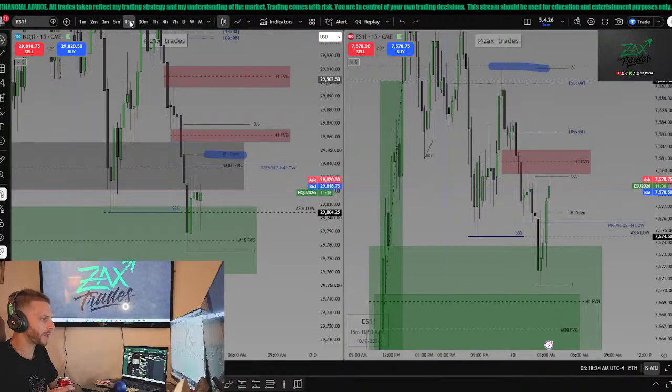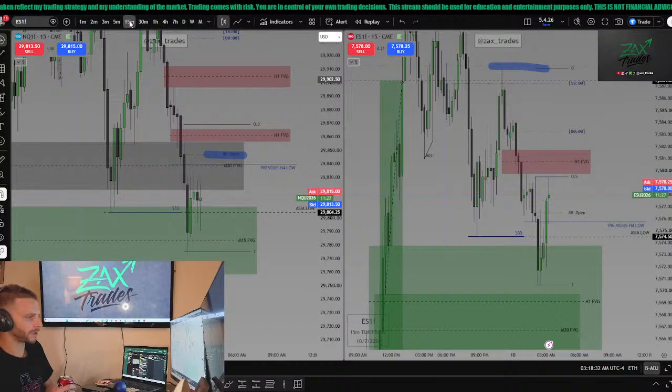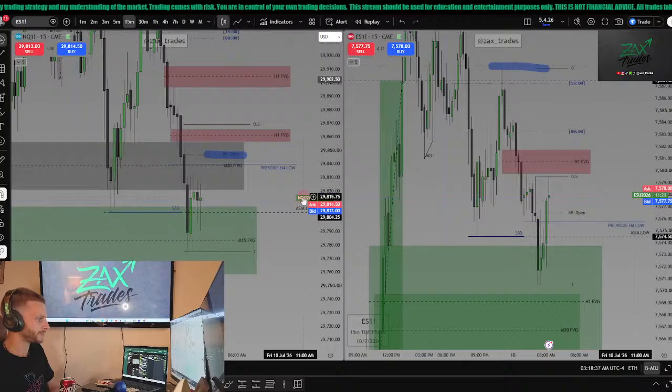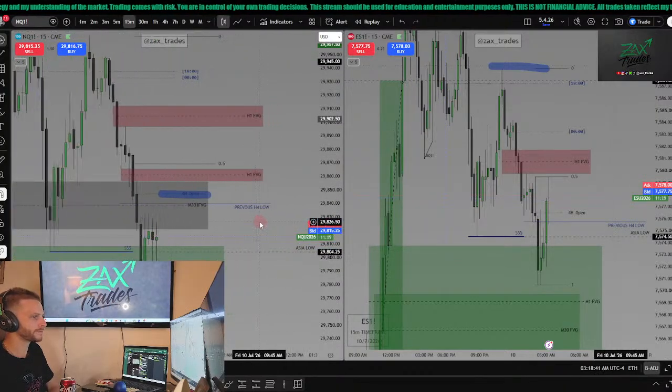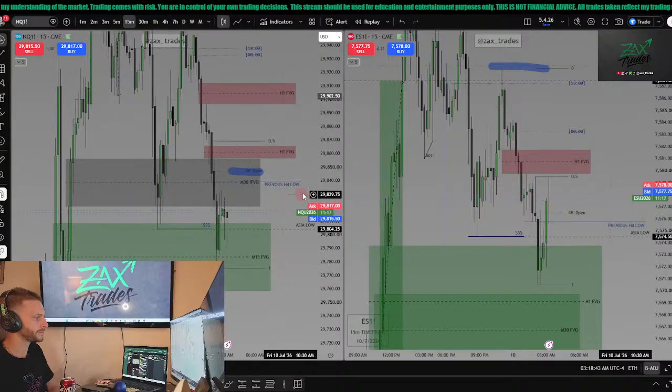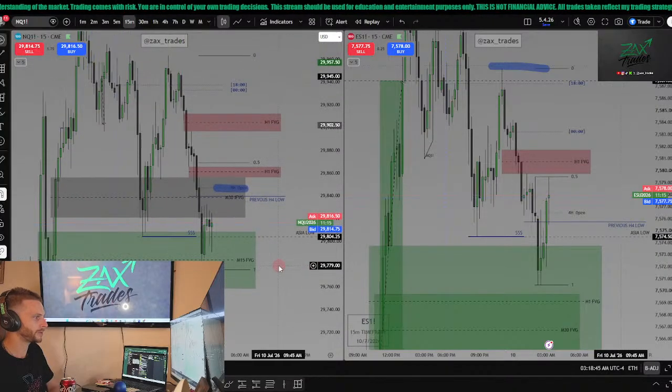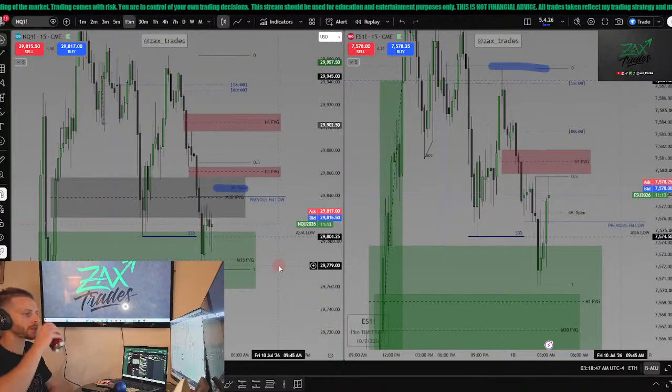Now, I'm not saying it's not going to go back and retest it. I'm just saying the reaction at equilibrium, as soon as it hits it to the tick, it just shows, man, like ICT isn't to play with if you know how to use it. You can't make that up.